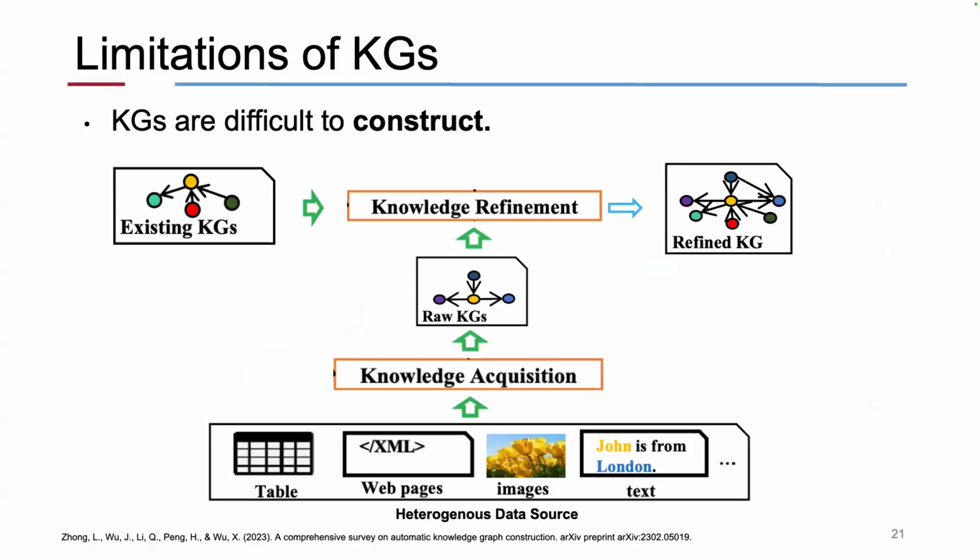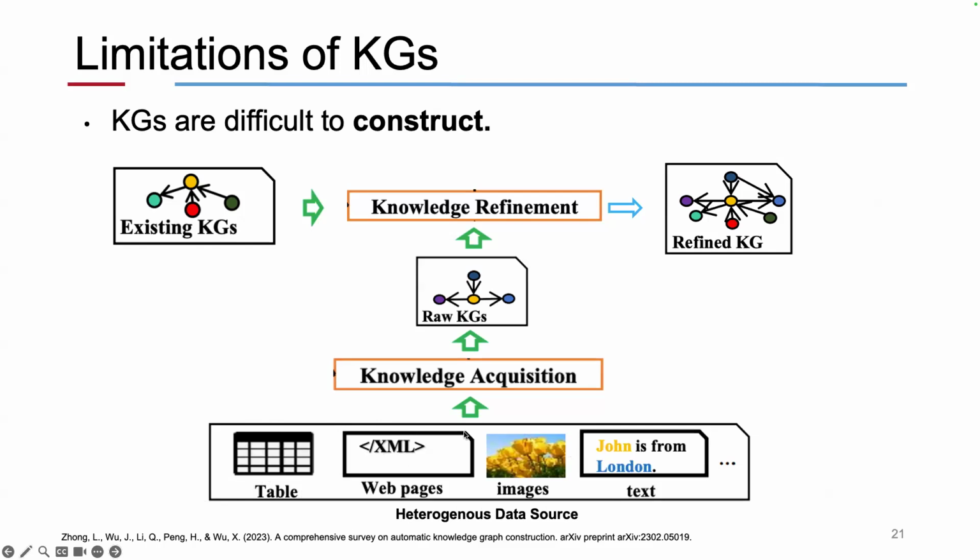But actually, the knowledge graph itself also has quite a few limitations. The first one is that knowledge graphs are quite difficult to construct. It requires a lot of data engineering work. For instance, we may have different data sources, and the data may be represented as tables, web pages, or images.